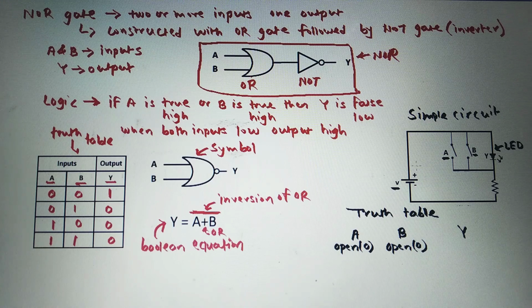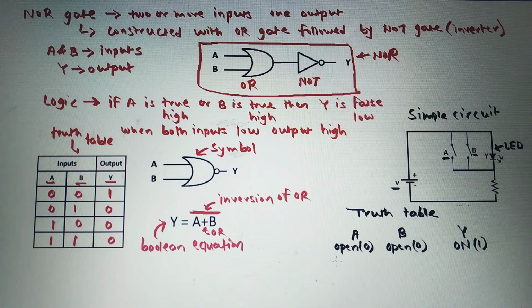That means the current will directly flow through this LED to the negative terminal of the battery. So as the current flows through the LED, the LED will glow, that means it gets on, so it will be represented as binary 1.